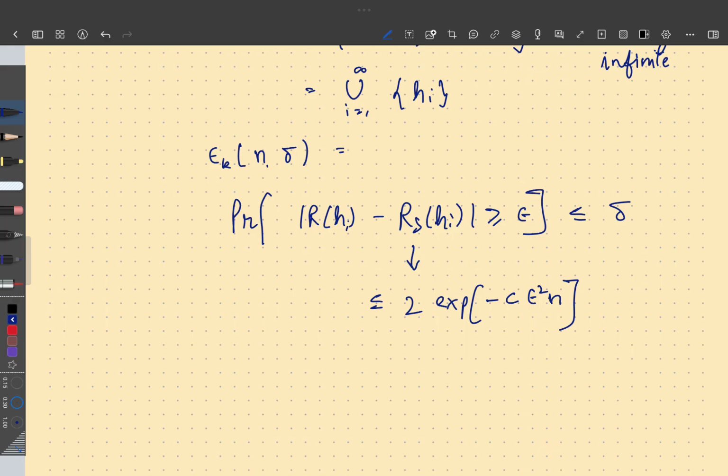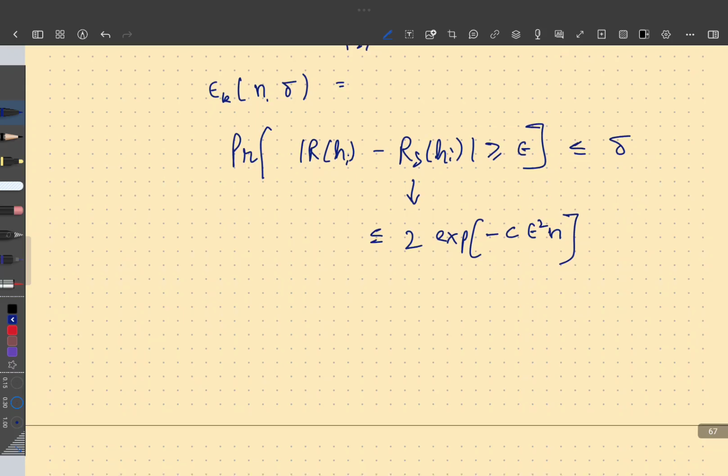You can just use the Chernoff bound for Bernoulli random variables if you want, because we're only looking at 0-1 loss. Right? And they're all IID. So what is the corresponding epsilon in terms of delta and n?